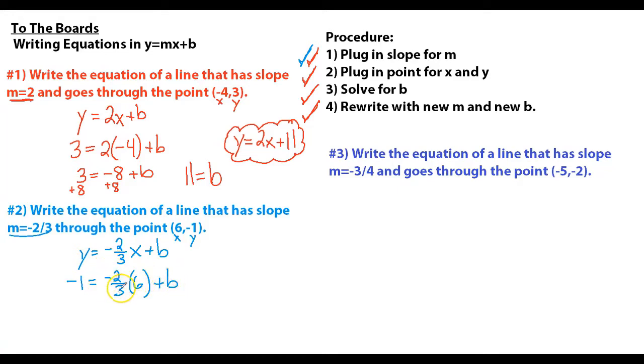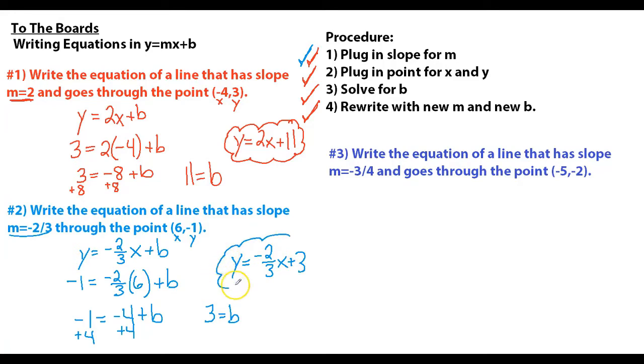Ooh, -2/3 times 6 is going to come out to be -4 plus b. And now I'm going to add 4 to both sides. -1 plus 4 is +3. And so my final equation is y equals -2/3 x plus 3. Because that was the new b that I found.